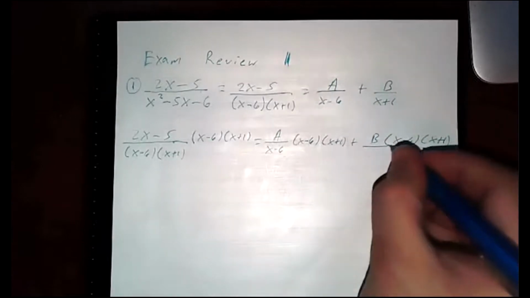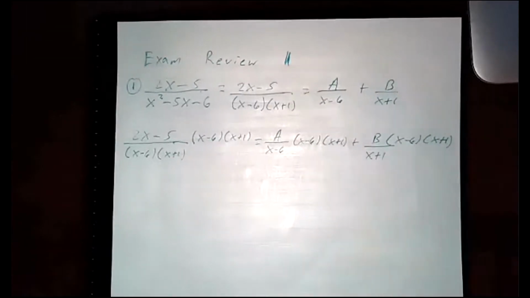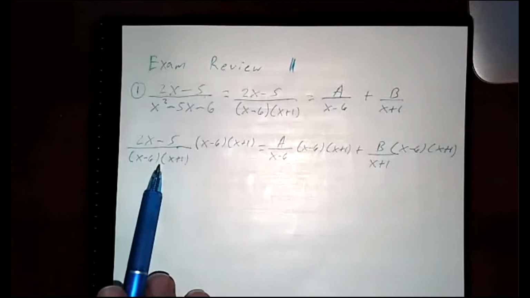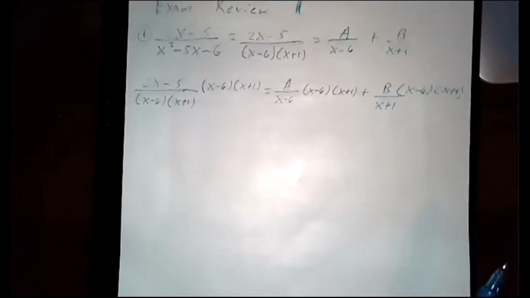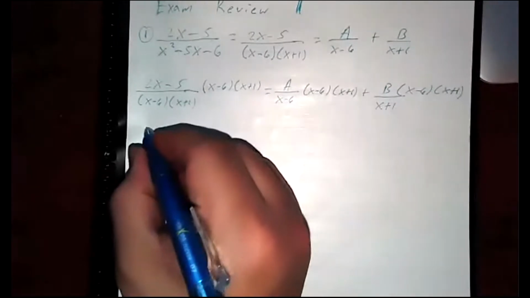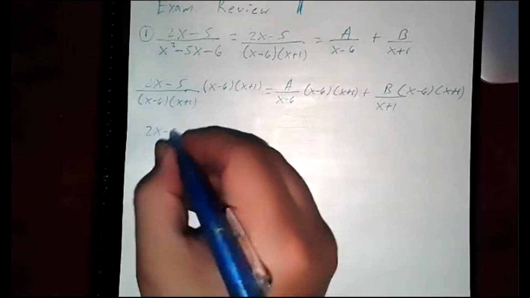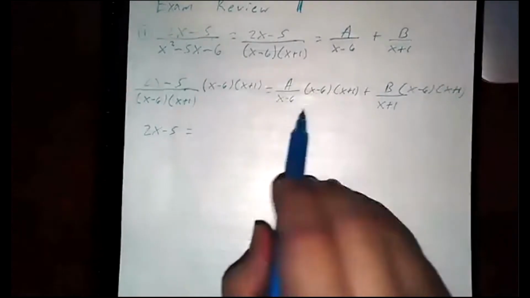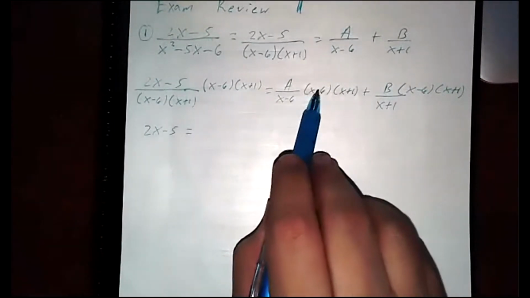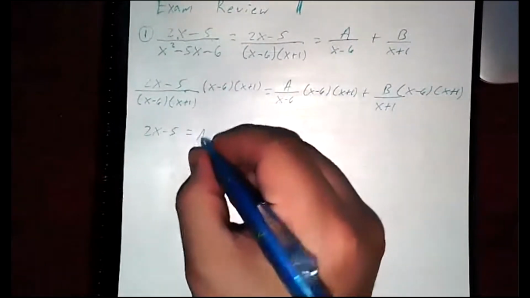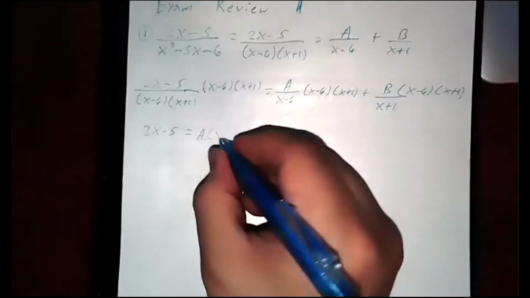Oops, forgot the bottom part. So we know the left-hand side will cancel completely, right? So we'll be left with just the 2x minus 5 equal to x minus 6 will cancel with that x minus 6, leaving us with just the A and the x plus 1.